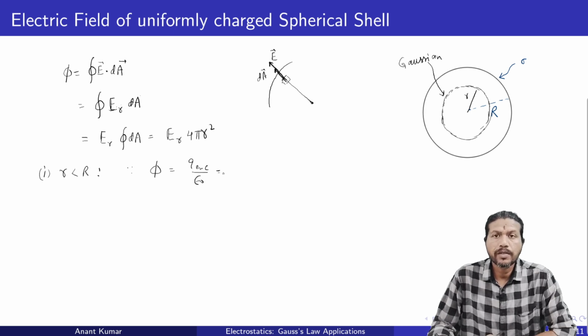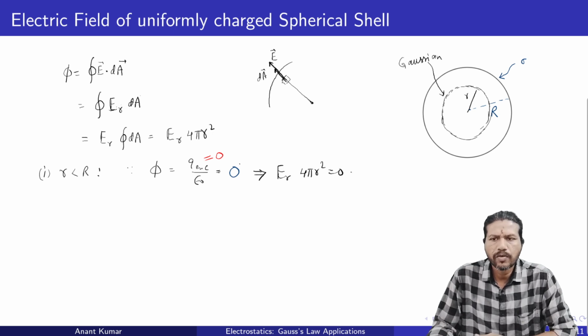However, in this case, there is no charge being enclosed, and therefore this turns out to be 0. In fact, Q enclosed is 0. No charge is inside the shell, everything is on the surface. And that will imply, because the flux has an expression of ER into 4 pi r square, that this must be 0.